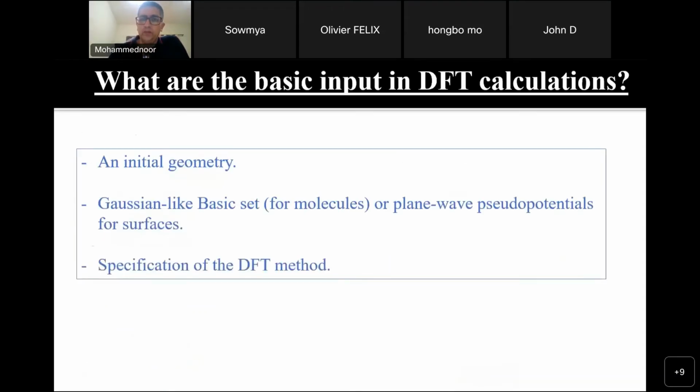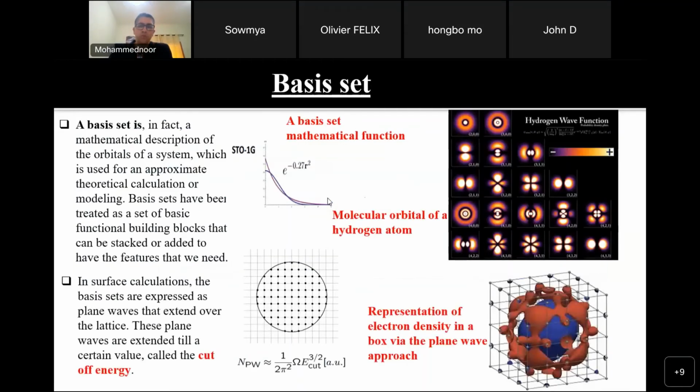So what do students need to have? We need to have an initial geometry. We need to have a Gaussian-like basis set, and we need to specify the method. So what is the basis set? A basis set is basically a mathematical description of the orbitals in the system. It could be a simple one like a Gaussian, or it could be a very complex one.